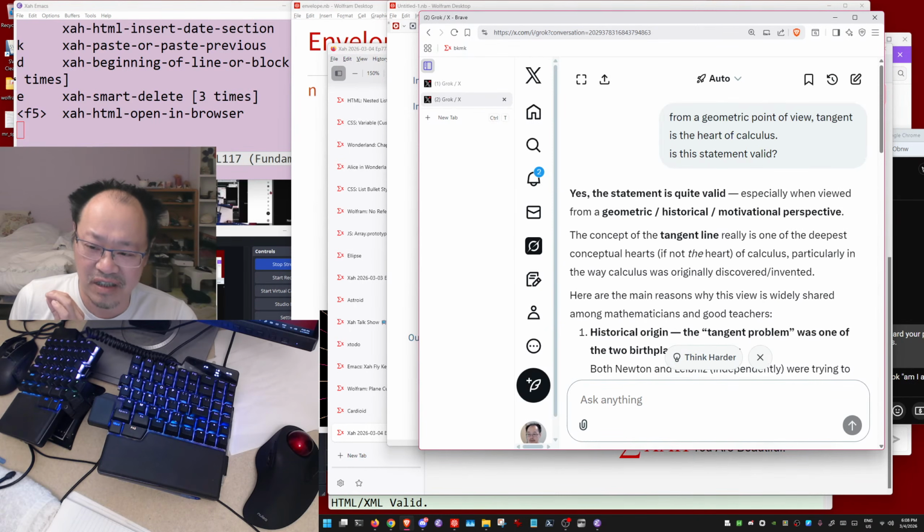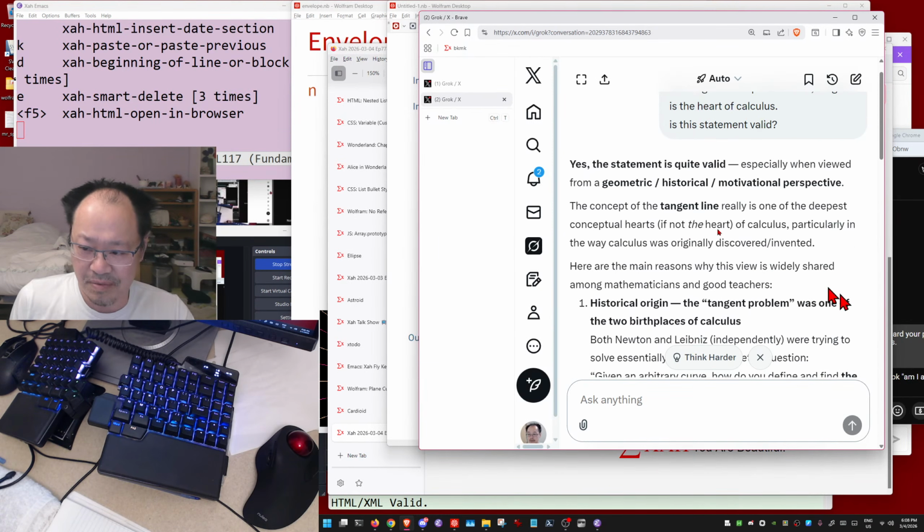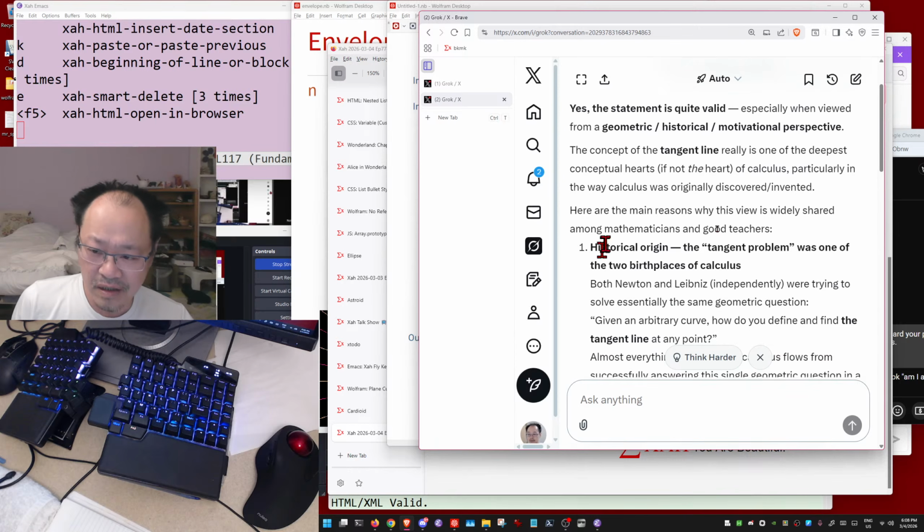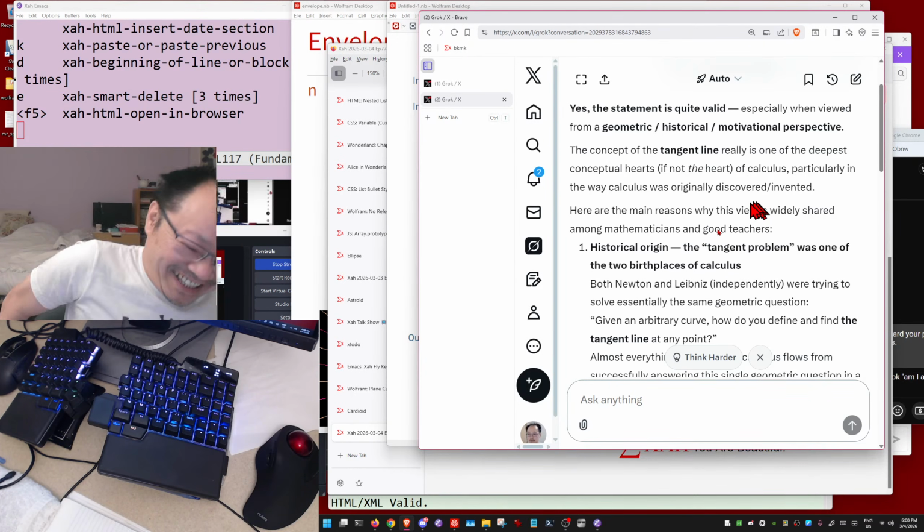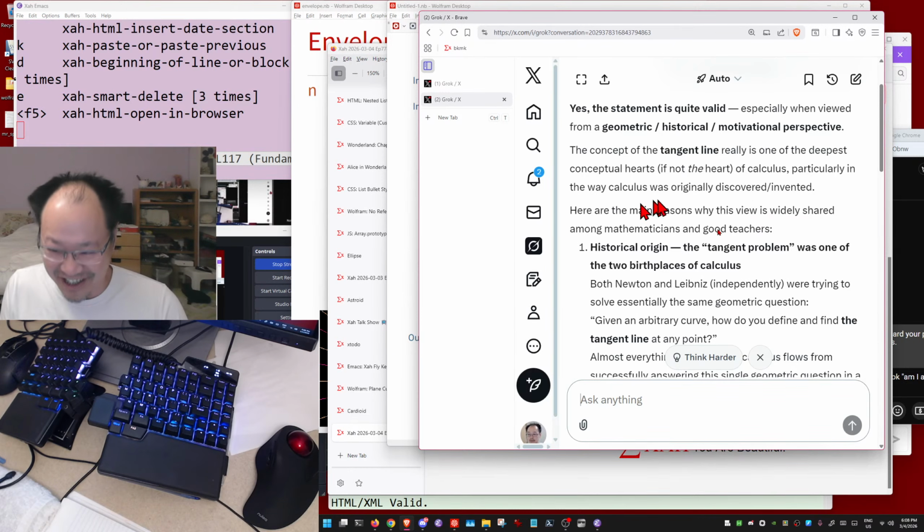Amazing. Such a deep statement, such a deep observation. Here are the main reasons why this view is widely shared among mathematicians and good teachers. It says I'm a good teacher.